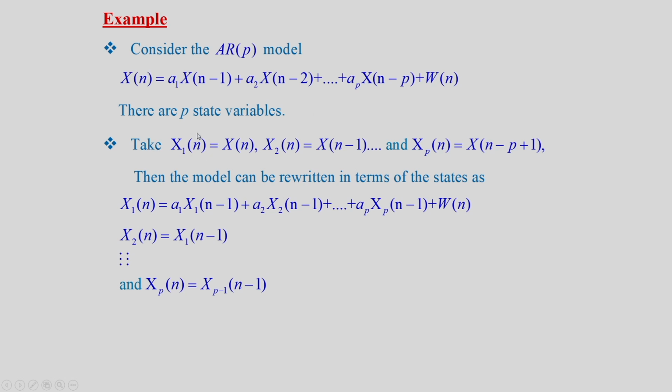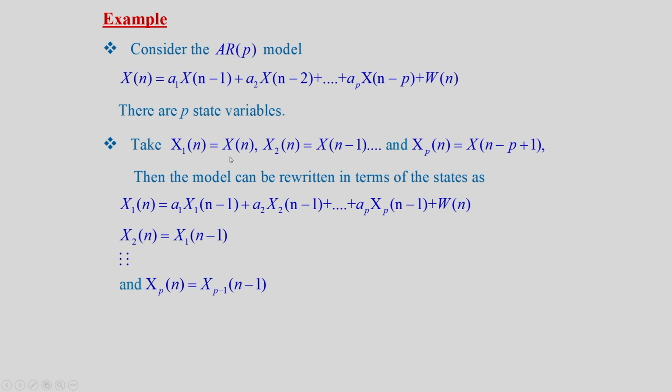Because it is a pth order difference equation, there will be p state variables, and we will take the first state variable as x1[n] = x[n]. Similarly, x2[n] is equal to x[n-1], like that. xp[n], that is the pth state variable, is x[n-p+1].